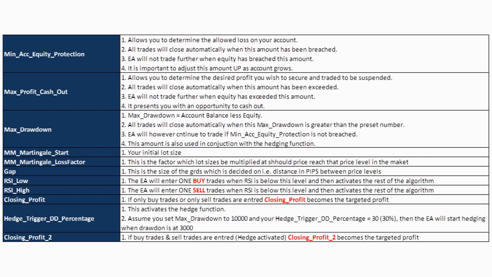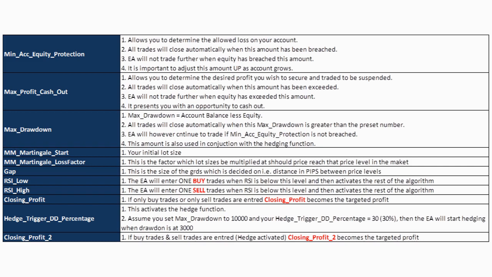The other thing that we have now is the maximum drawdown. Now, the maximum drawdown is basically the difference between your account balance and your equity. So, let's say during trading your equity and your balance are out of sync, which means there are obviously open trades, and your account balance reaches a value of, let's say, $13,000, and you want to set your maximum drawdown to $3,000.